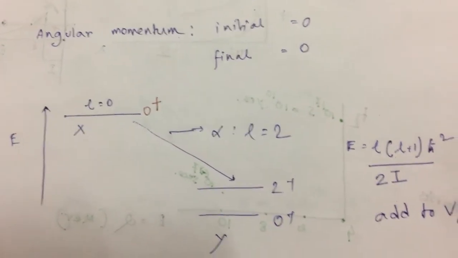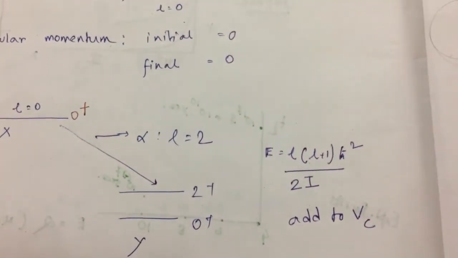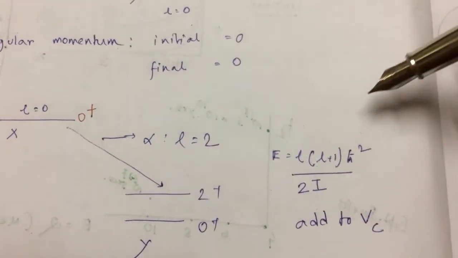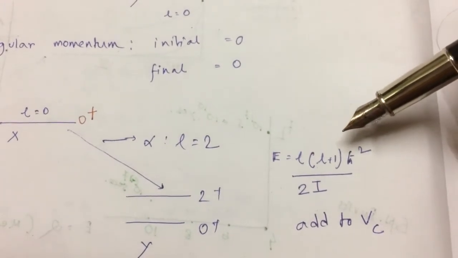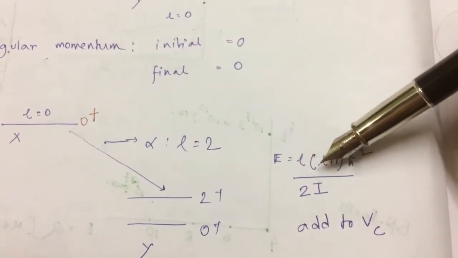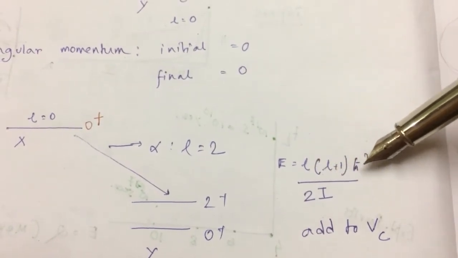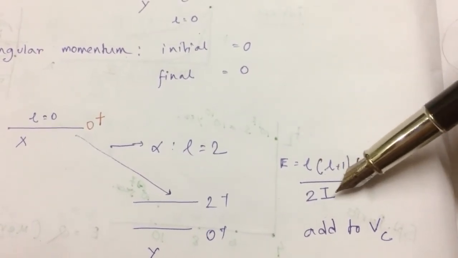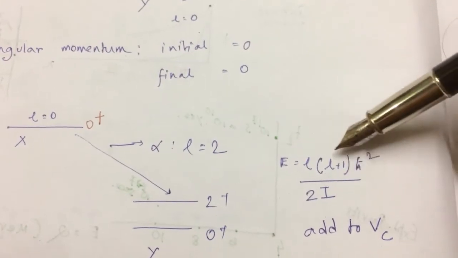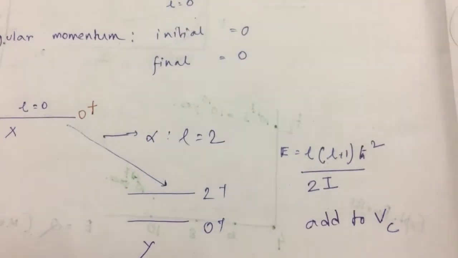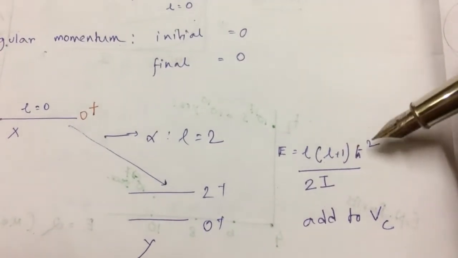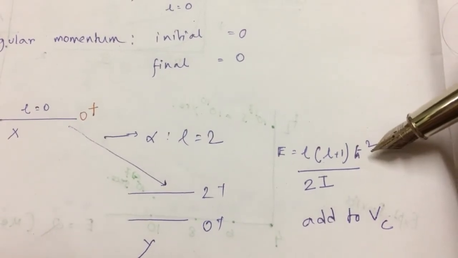From the collective model video, we have already shown that the energy corresponding to the rotational spectra is L into L plus 1, h cross square by twice I. I is the moment of inertia, of course, L is the value of the angular momentum, and h cross is h by 2 pi.